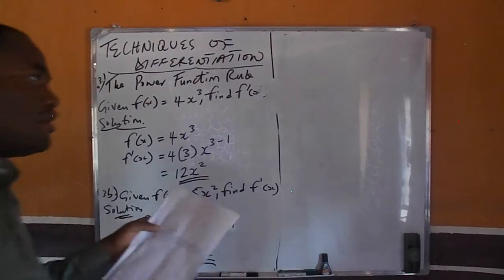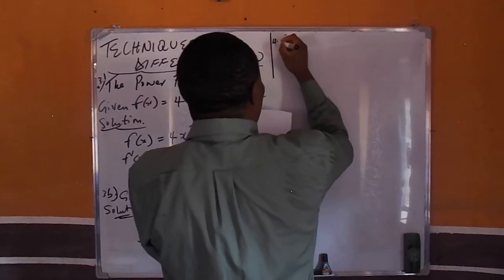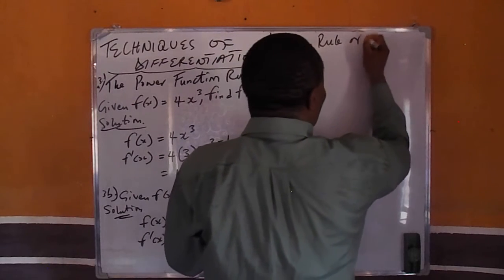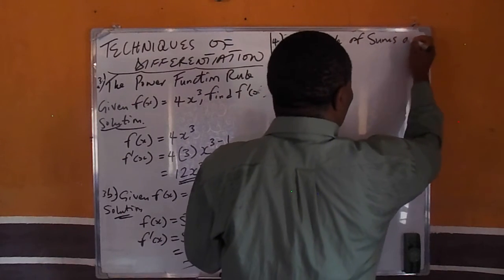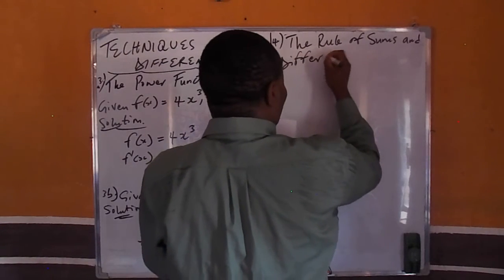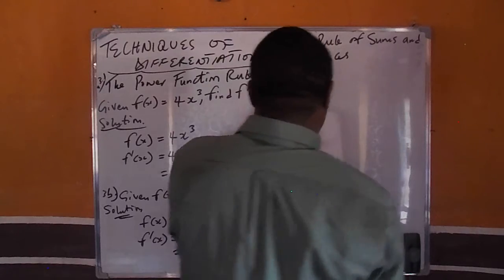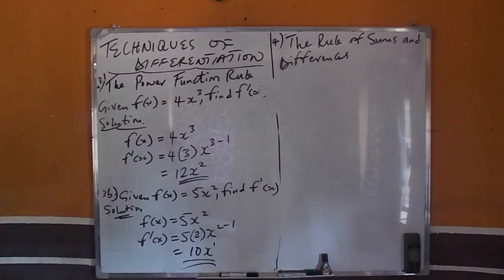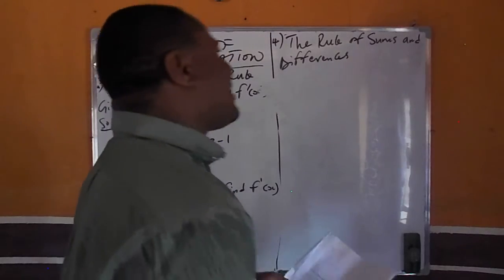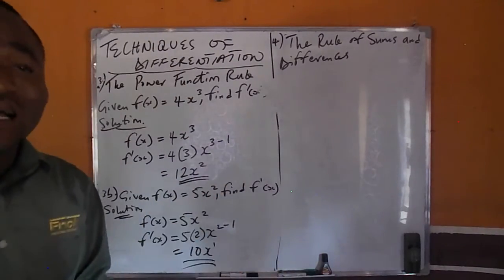The rule of sums and differences. Now we move to the rules of sums and differences. The first thing to know here is the formula. What is the formula we normally use under sums and differences?